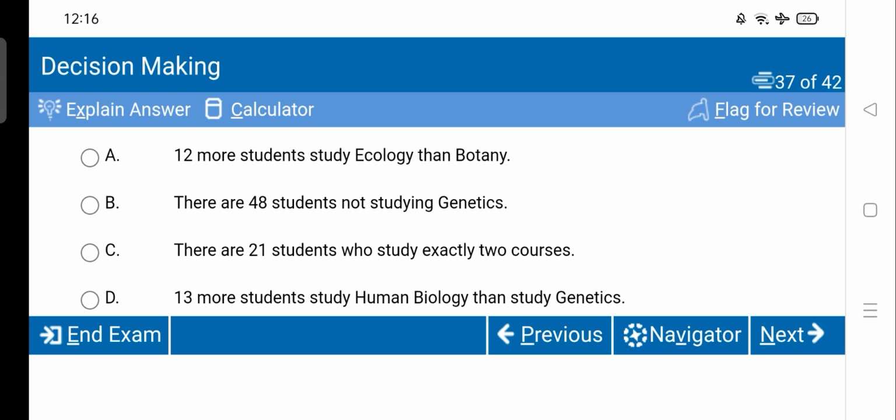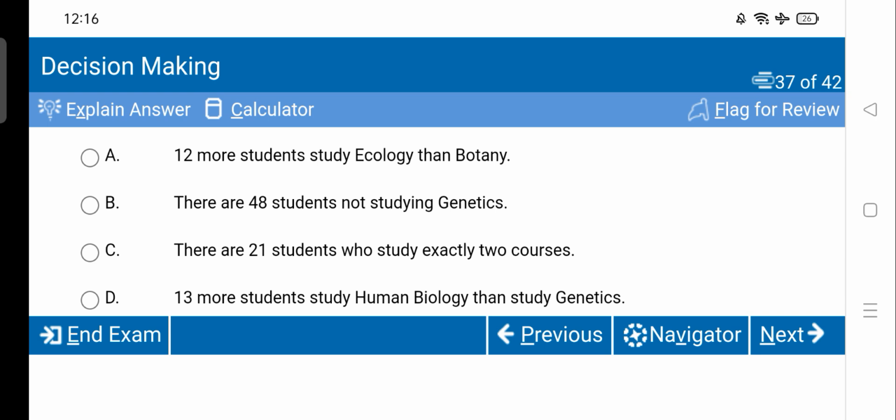Option B, there are 48 students not studying genetics. Option C, there are 21 students who study exactly two courses. Option D, 13 more students study human biology than study genetics.